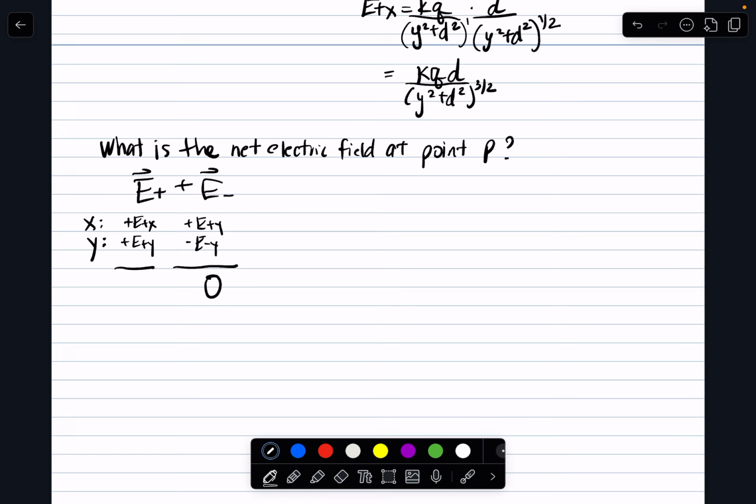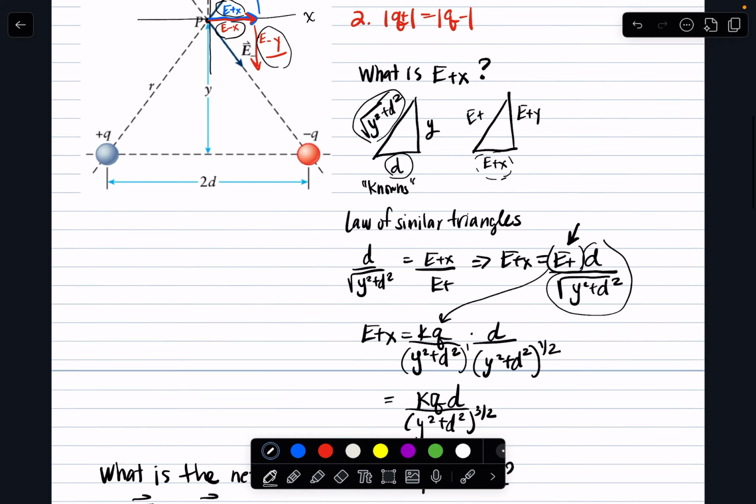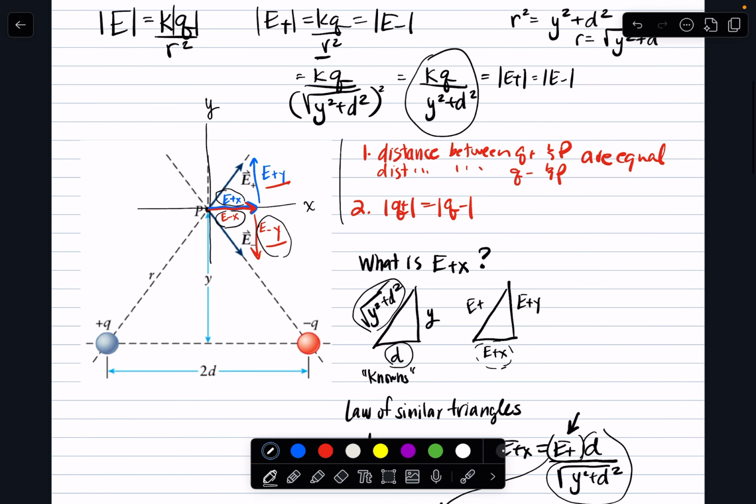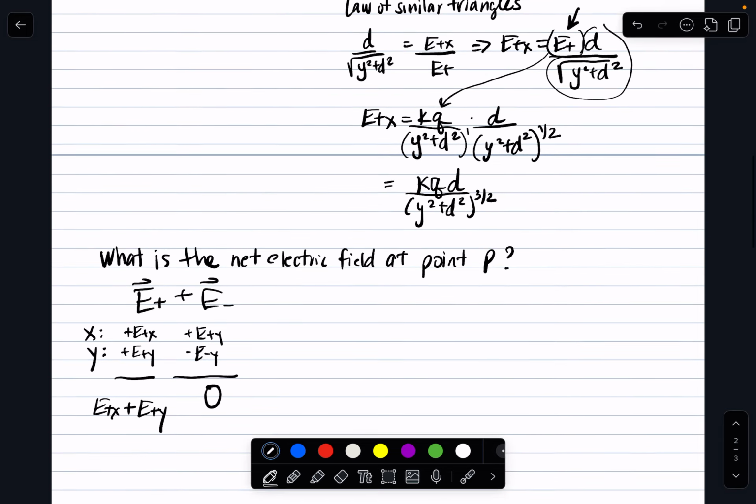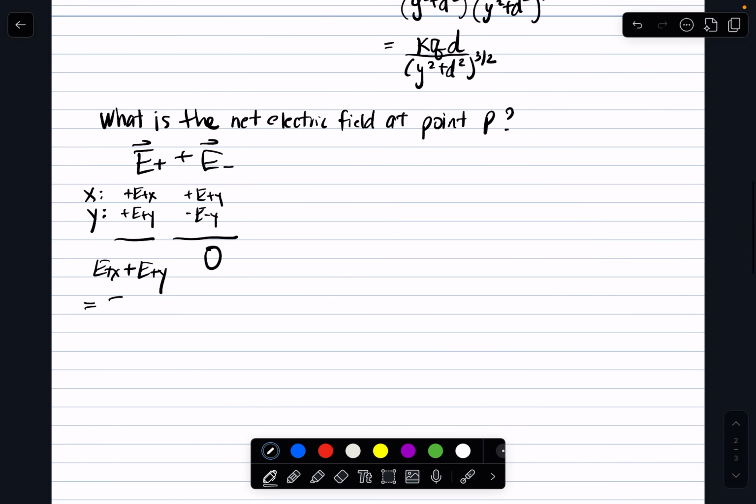This becomes E plus X plus E plus X. And by this argument right here in the red, I told you that all those components are equal, right? So this ends up being 2E plus X. And that's the total. That's the net electric field right there.